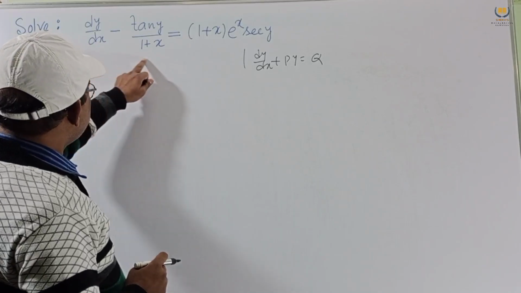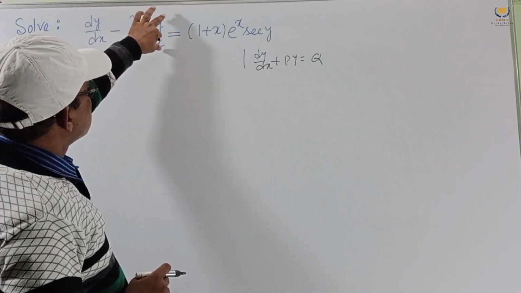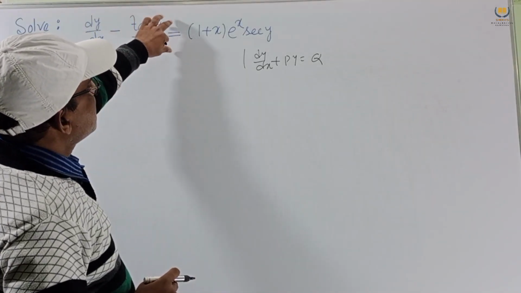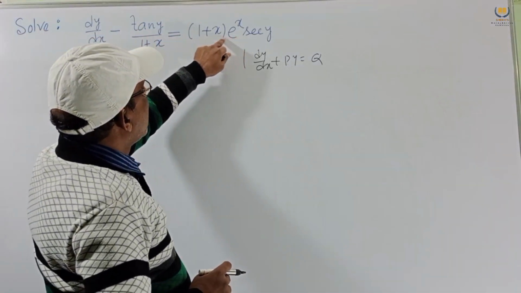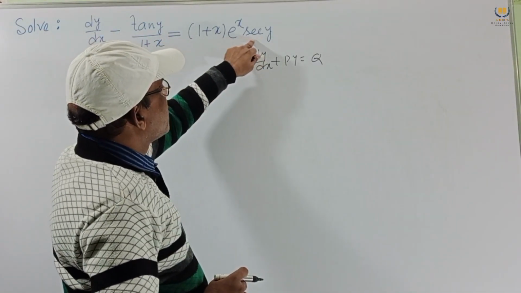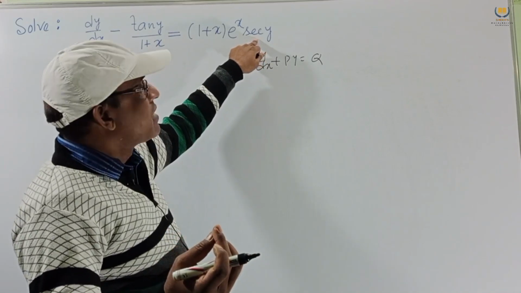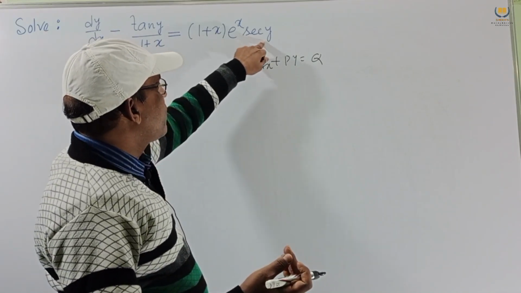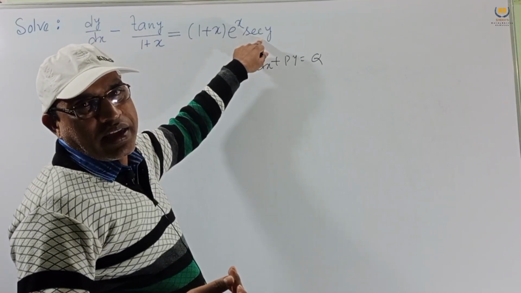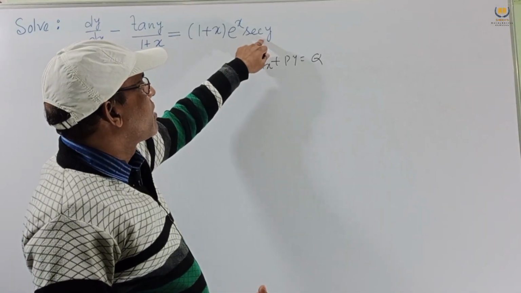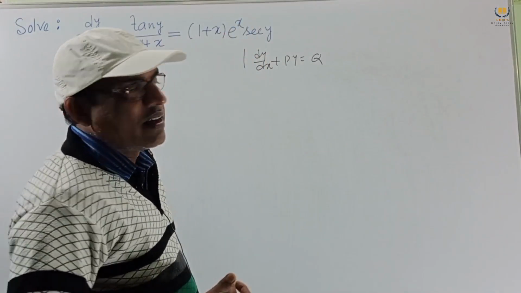But this is almost the same, except y and x are mixed up. This is a Bernoulli's differential equation. So we somehow remove this sec y, and then ultimately we get a linear equation.